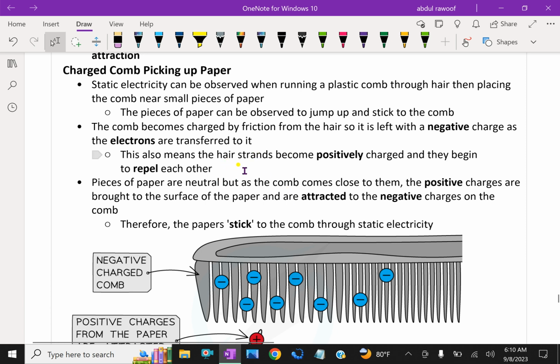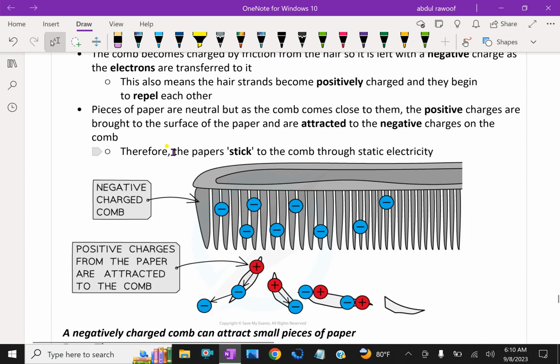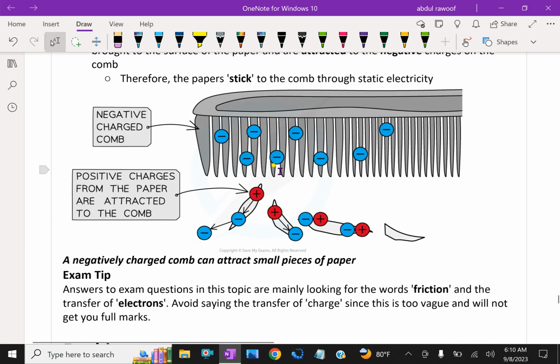This also means the hair strands become positively charged and they begin to repel each other. Pieces of paper are neutral, but as the comb comes close to them, the positive charges are brought to the surface of the paper and are attracted to the negative charges on the comb. Therefore, the papers stick to the comb through static electricity.